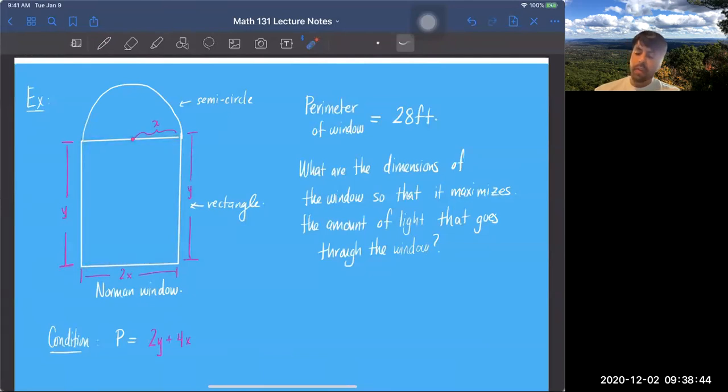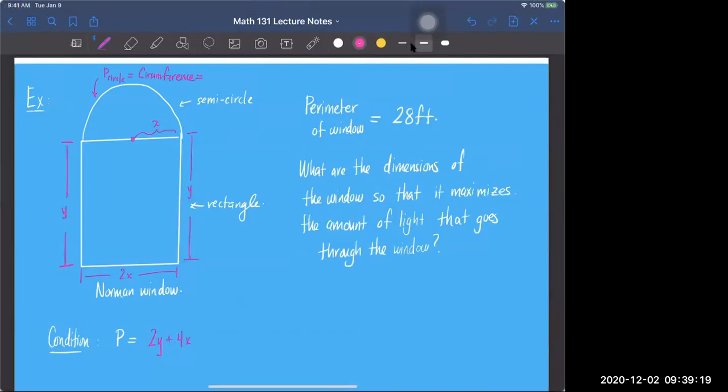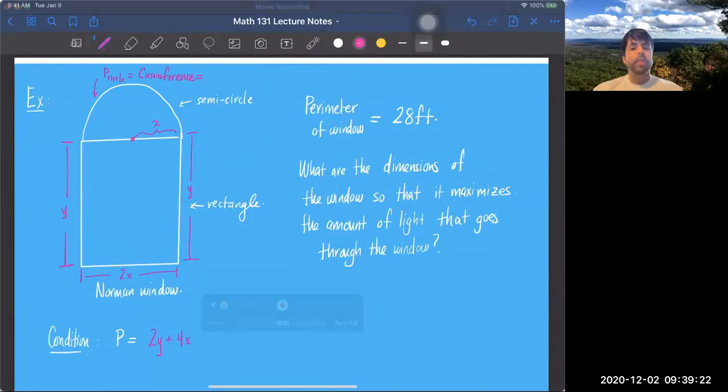But then you also have to account for this here. It's circular. How do you find the perimeter of a circle? Also known as the circumference. What is the circumference? 2 pi r. But that's the circumference of a full circle. What's the circumference of a semicircle?